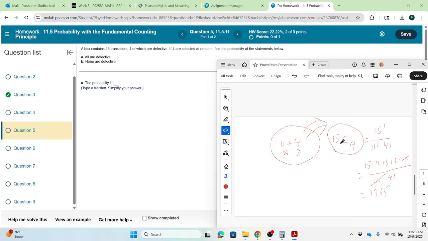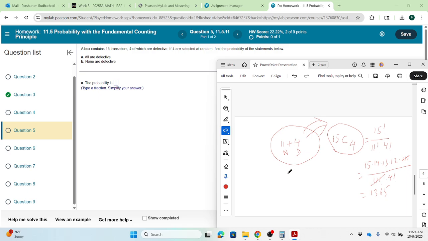Out of 15, you can choose 4 of the transistors in this many ways. Now, out of 15, there are only 4 defective pieces.